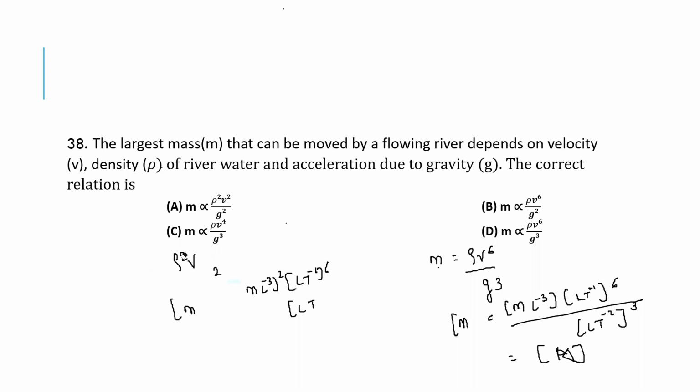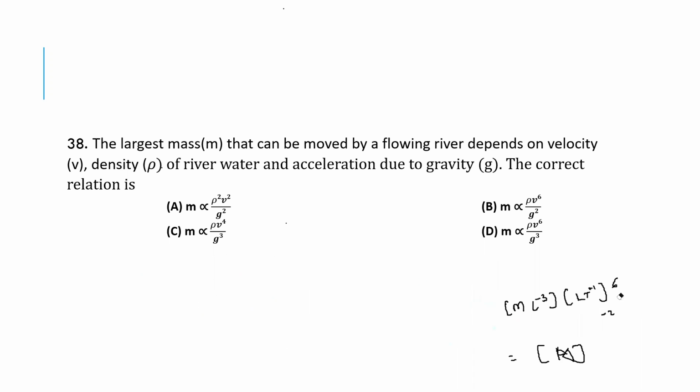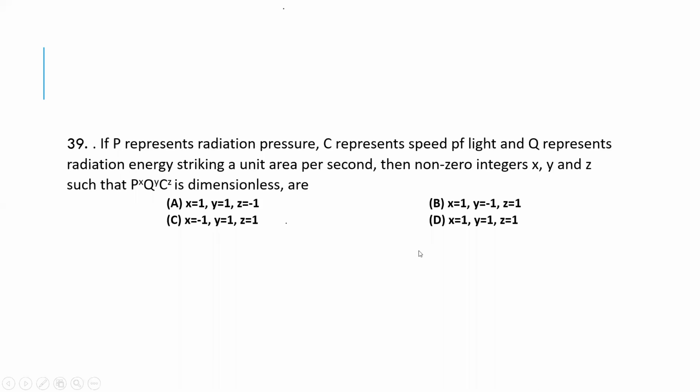Let us see the next question. If P represents radiation pressure, C represents speed of light, and Q represents radiation energy striking a unit area per second, then find the non-zero integers x, y, and z such that P raised to x, Q raised to y, C raised to z is dimensionless.